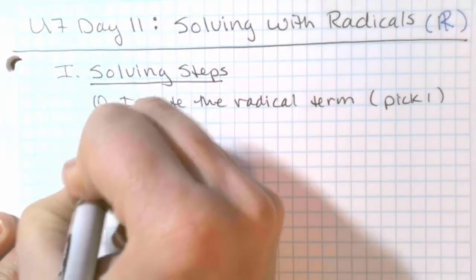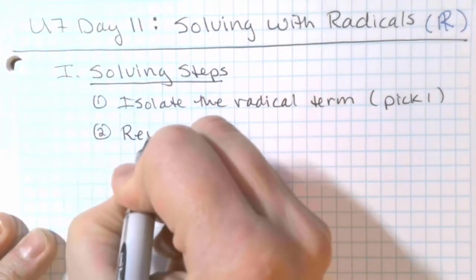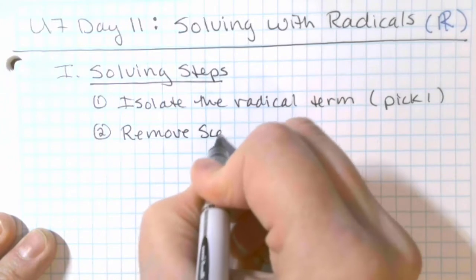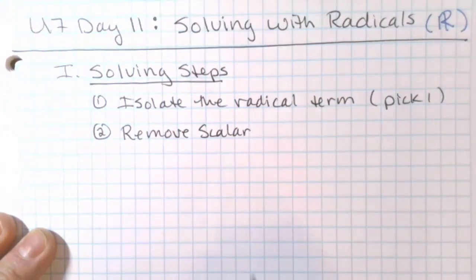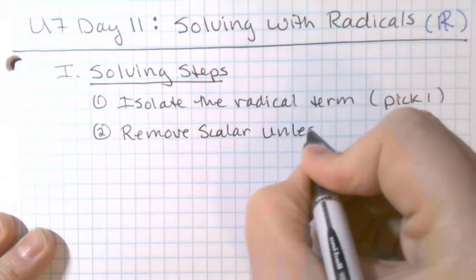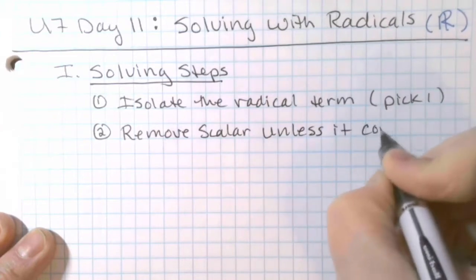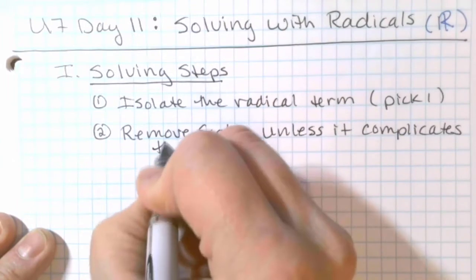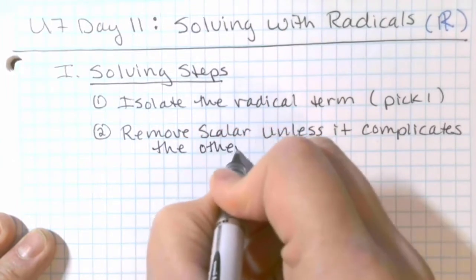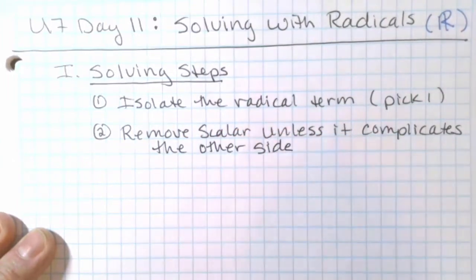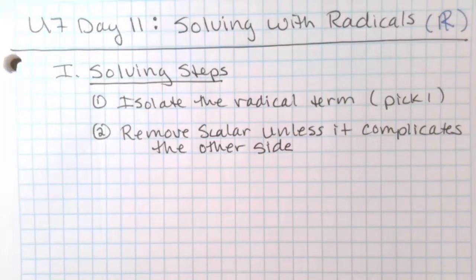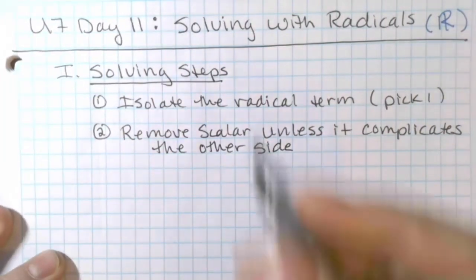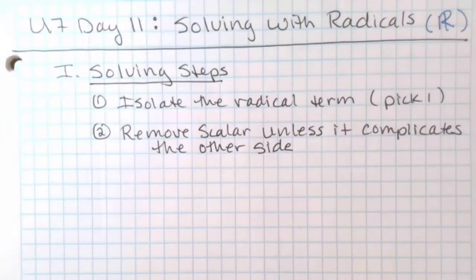Okay, number 2, remove the scalar from the radical unless it complicates the other side. And we'll talk about that in a moment. You get to choose whether you move the scalar or not. Usually you will.